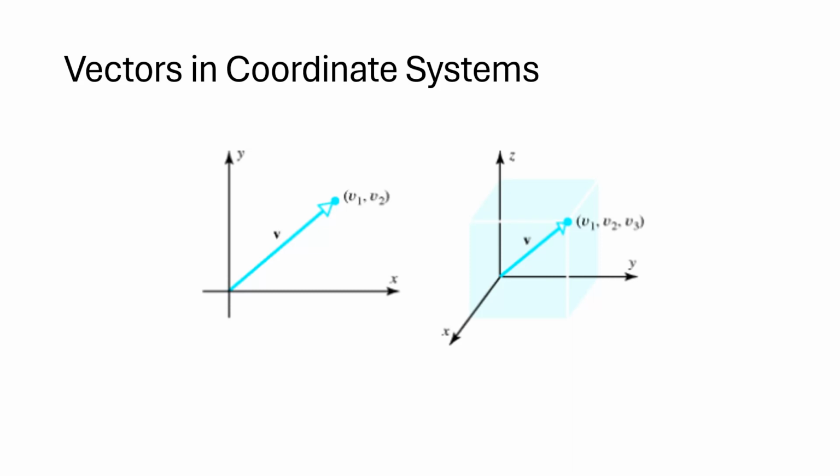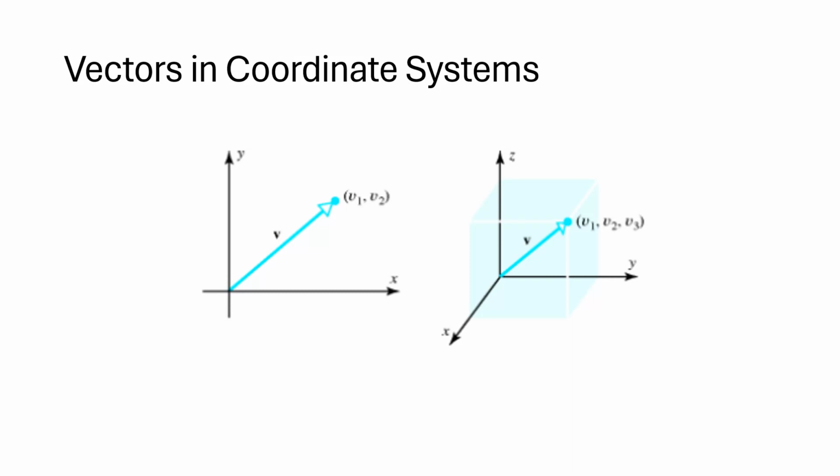So if a vector v in 2-space or 3-space is positioned with its initial point at the origin of the rectangular coordinate system, then the vector is completely determined by the coordinates of its terminal point. We call these coordinates the components of v relative to the coordinate system.